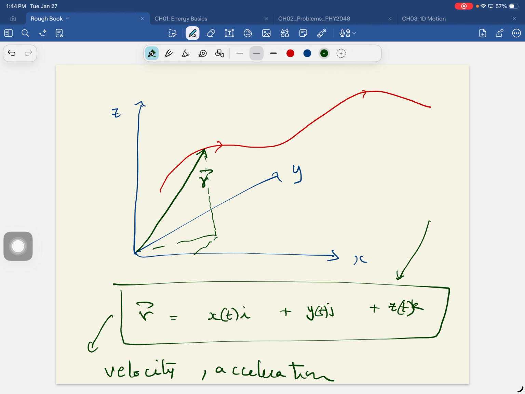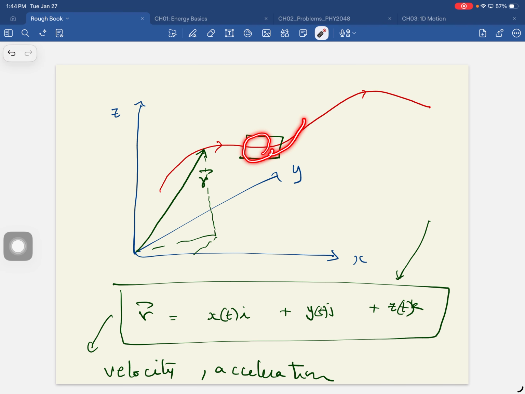Here's another thing about these quantities. What is a vector? It's something that has both magnitude and direction. How many numbers do you need to specify a vector? In 3 dimensions, 3: 1 for the magnitude, 2 for the direction.